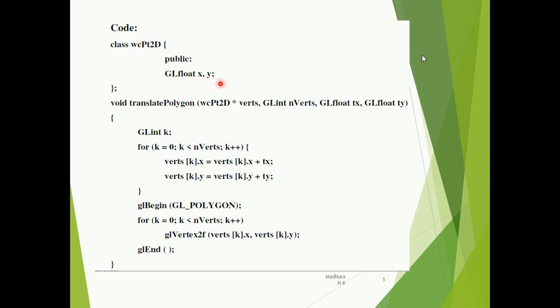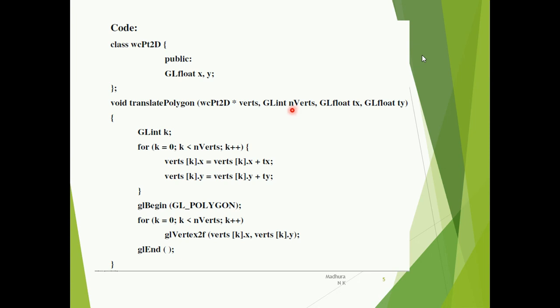So this is where you have declared initially the x and y values of the polygon, and next, void translatePolygon, where you mention the vertex array for the points and the GLint number of vertices you are going to define. For example, in a polygon, if you are taking a simple triangle, you will have 3 vertices, and if it's a square, you are going to define 4 vertices.